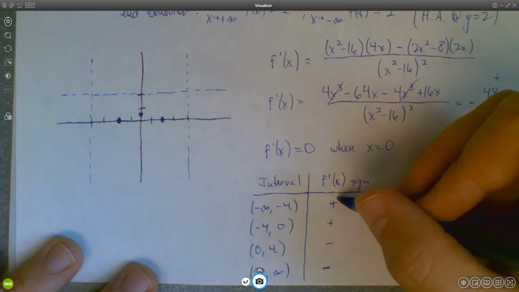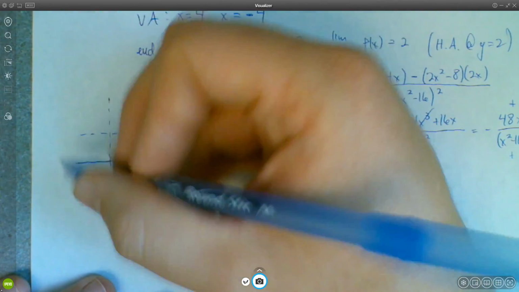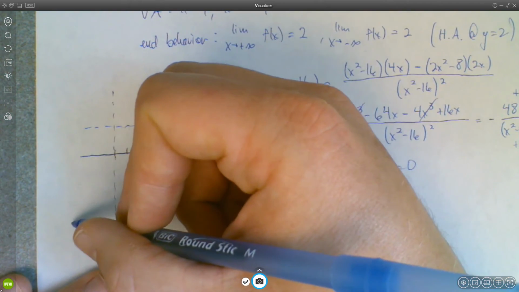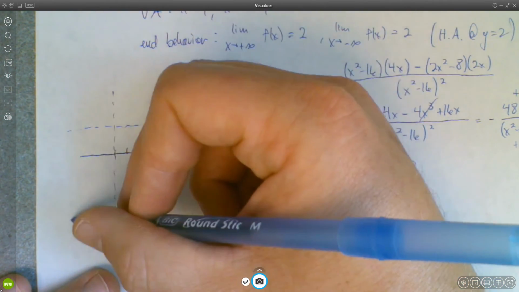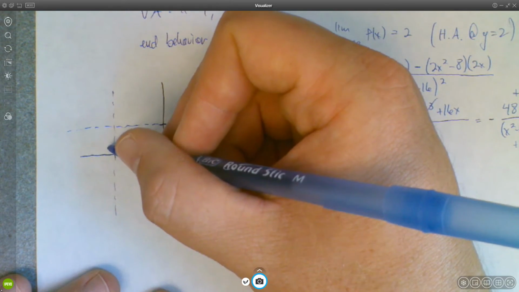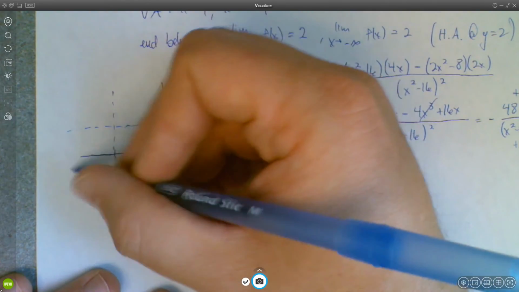Meanwhile, the fact that I'm increasing up here, if I were increasing and somehow I were below my horizontal asymptote, then at some point I would have to cross the x-axis, and that doesn't happen over here.